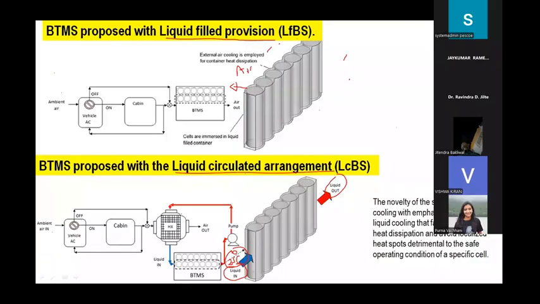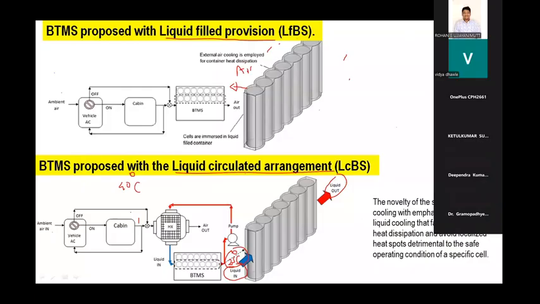We propose that you have air conditioners available in the car. We will have the exhaust air coming out from the air conditioned car, which is at a relatively low temperature than the ambient. Suppose the ambient is 40 degrees Celsius, the air available from the vehicle will be at a relatively lower temperature.